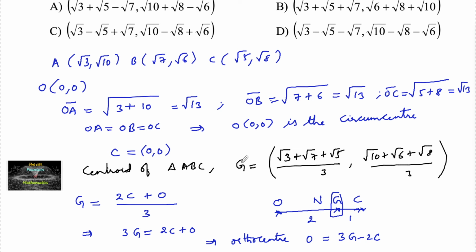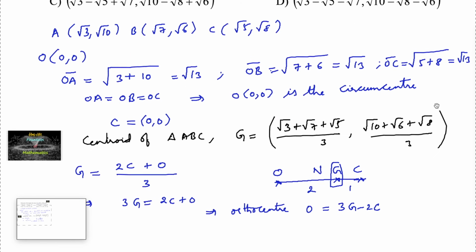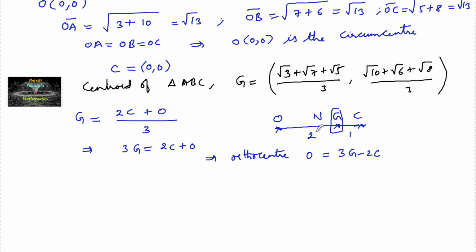Okay, orthocenter O, not origin (0, 0). So we can write 3 times orthocenter is equal to 3 times the centroid, that is 3 into this part, (√3 + √7 + √5), minus 2 times the circumcenter. Circumcenter is (0, 0), so 2 into 0.